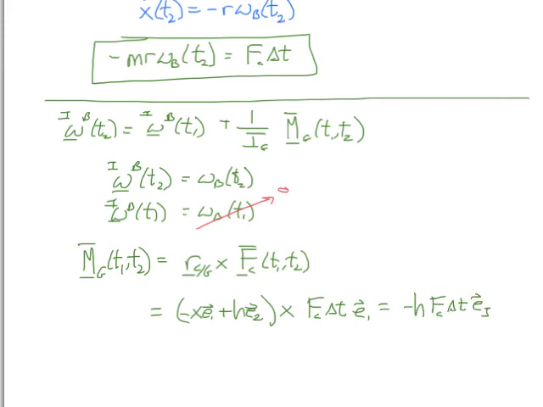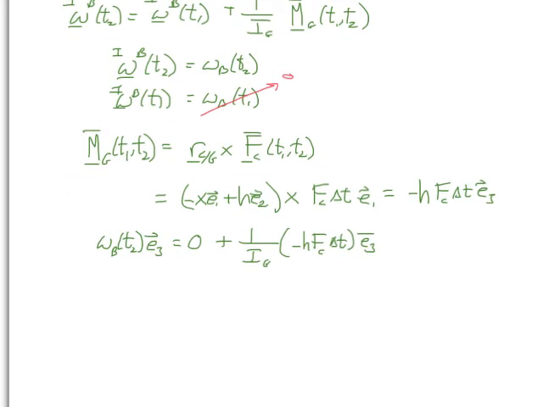And when we substitute all these pieces into our impulse momentum equation, we get omega b at time t2 in the e3 direction is equal to 0 plus 1 divided by the moment of inertia, I sub g, multiplied by negative h, our force at c, our small time increment delta t in the e3 direction.